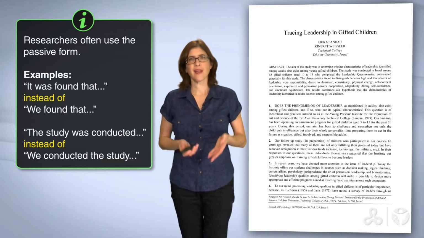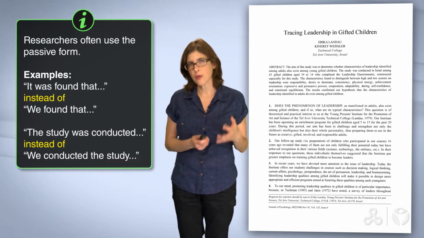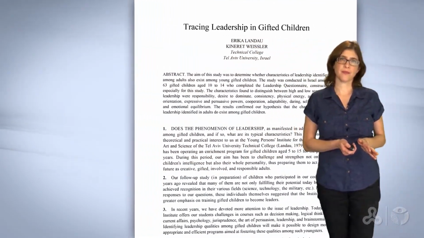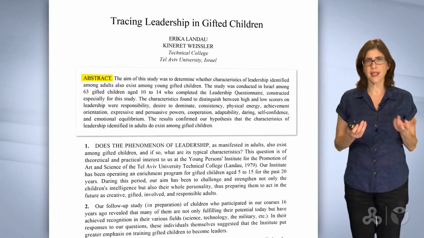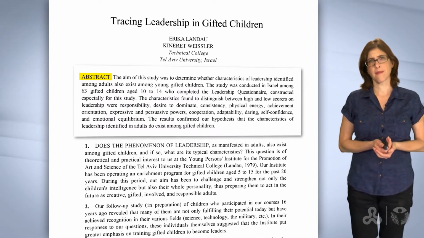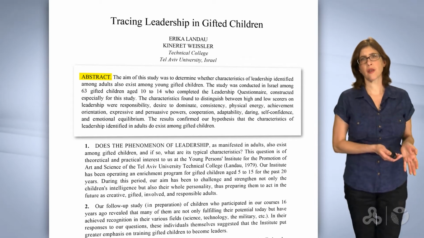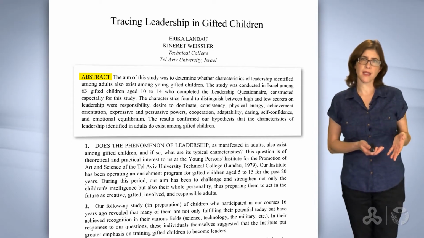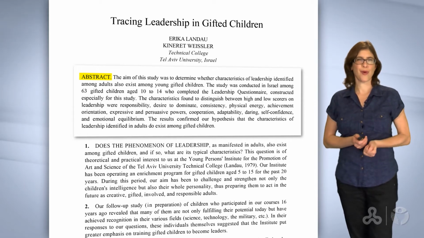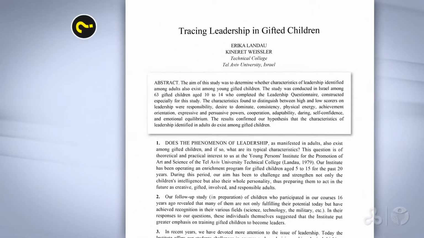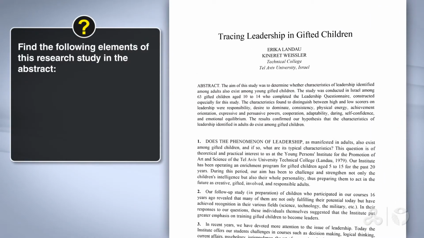Okay, now that we know more about what kind of language to expect, let's zoom in on the abstract. We said that the abstract contains the summary of the text. So our abstract here must mention the main elements of our research study. And our question is, find the following elements of this research study in the abstract.